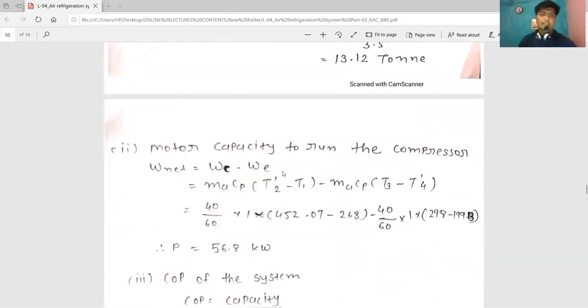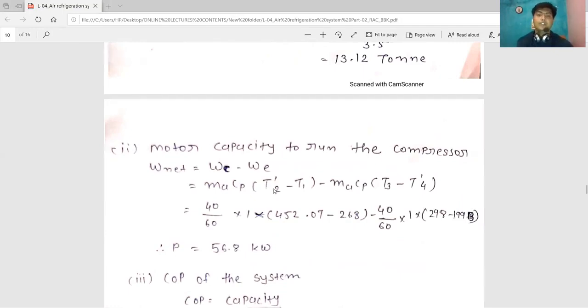Now motor capacity to run the compressor, or net work of compressor. How can we calculate net work? W compressor minus W expander, but we use the actual temperature, which differs from the ideal temperature.